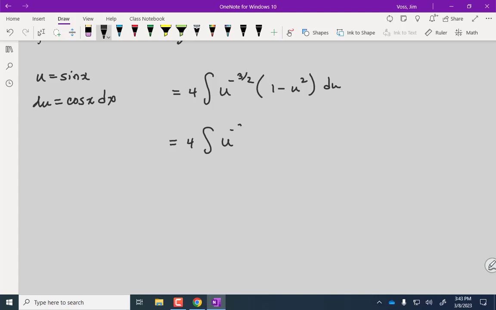So distribute that u to the -3/2 times 1, and u to the -3/2 times u squared. That's -1/2? Positive 1/2. So -1.5 plus 2 is positive 1/2, right?